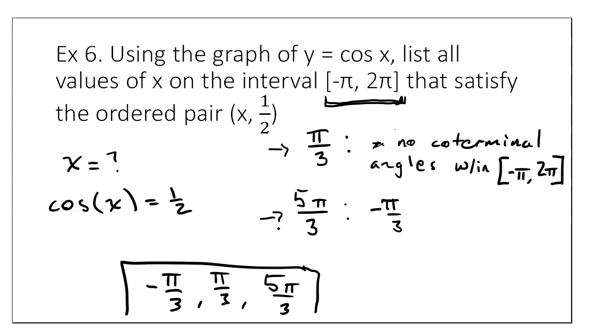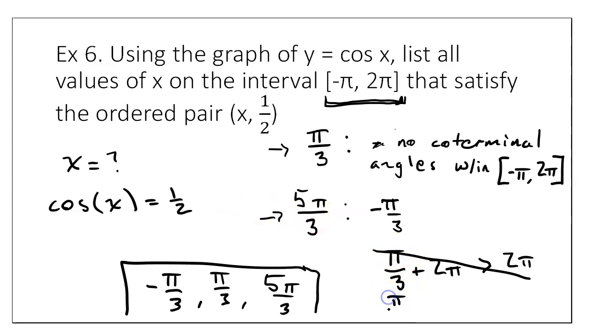Then I wanted to find coterminal angles of pi over 3 within the range of negative pi and 2 pi. But if I add 2 pi to pi over 3, this will be greater than 2 pi, so I can't do that. That coterminal angle is not within the range given for this problem.